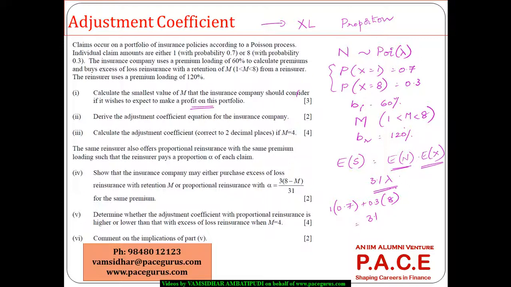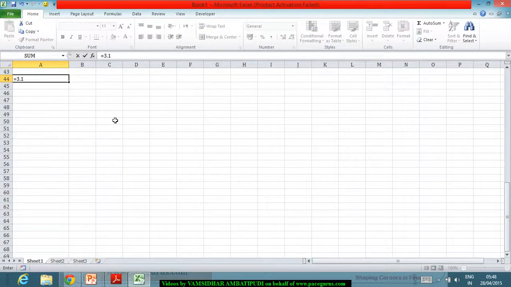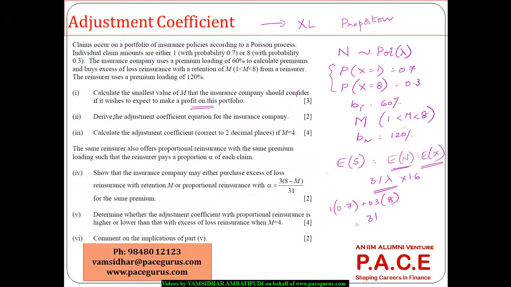So the expected claim payout is around 3.1 lambda, and on top of it we are talking about a 60% loading as a part of the premium collection, which works out to 3.1 times 1.6, which will give me around 4.96 lambda.